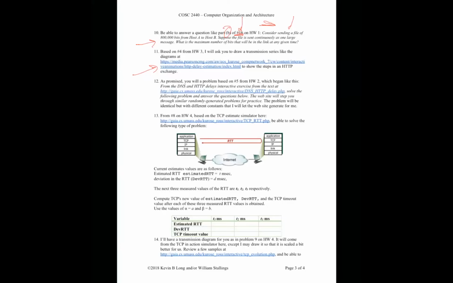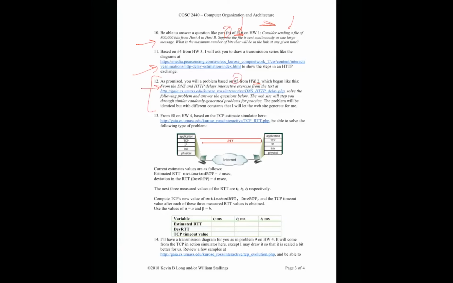Okay, as promised, you will have a problem based on number 5 from homework 2, which began at, here's the DNS and HTTP delay interactive exercise. Be able to solve the following problem and answer the questions below.